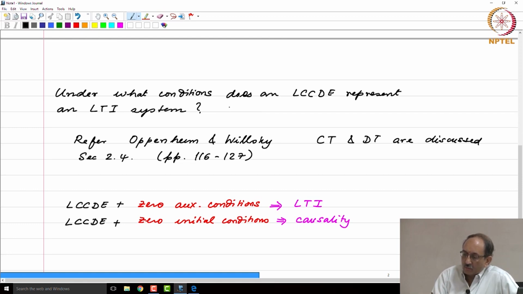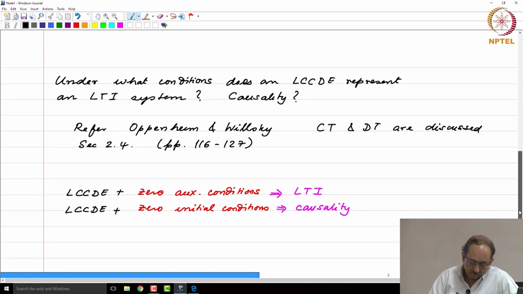The other question that you want to ask is, not only do you want linearity and time invariance, you also want causality. Yeah, go ahead. So, LCCDE by itself does not represent an LTI system.